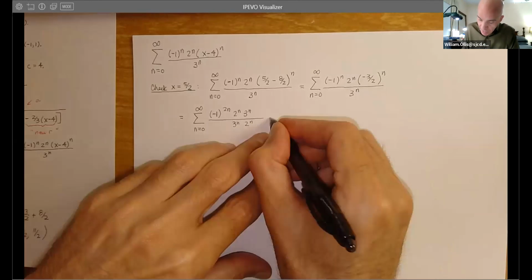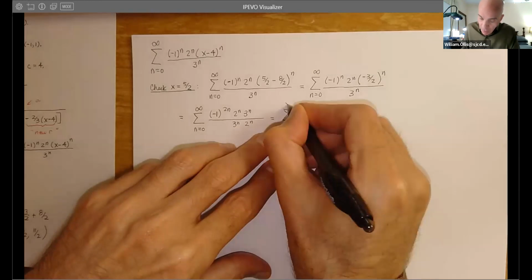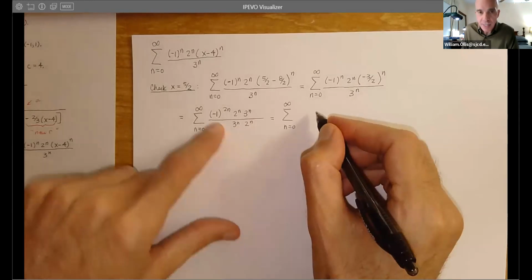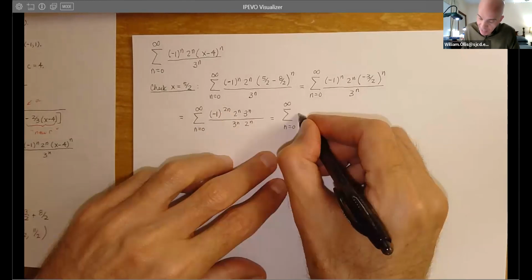So this is like doing the modular arithmetic, this won't be a surprise to you. Now the 2^n's and the 3^n's all cancel. And of course, this is an even number, so this will always be a +1. So we get that series.